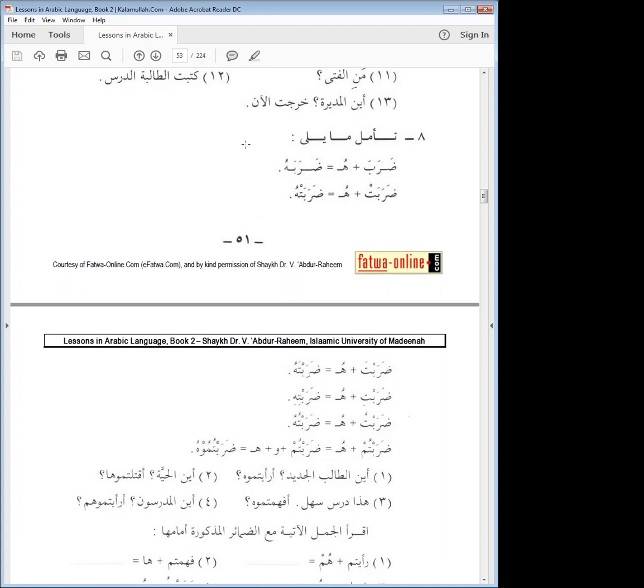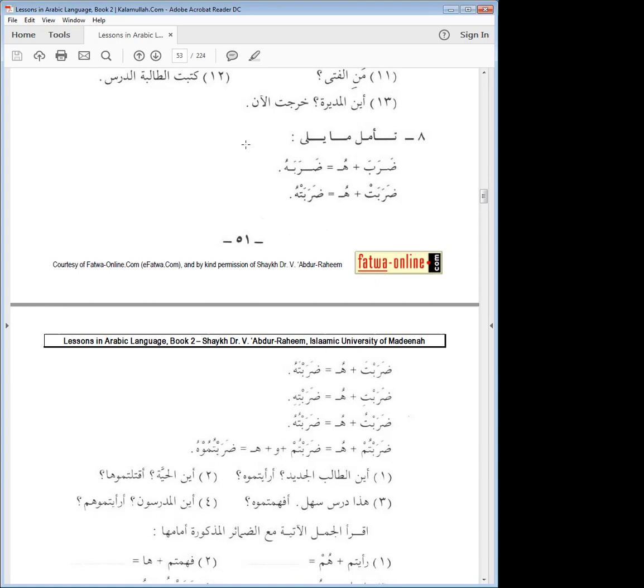Those dama'ir, or the pronouns that are added at the end of the verbs for the conjugation, are different to this. Those, in those cases, represent the fa'il, or the doer of the verb. In this case, the pronoun added on represents the maf'ul bihi, or the thing that is acted upon, right?